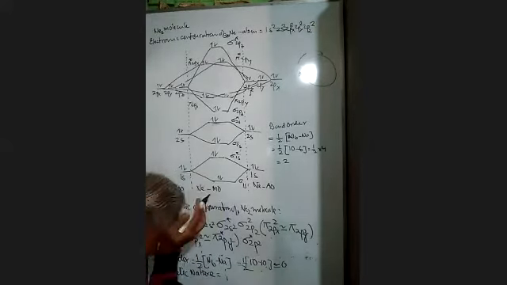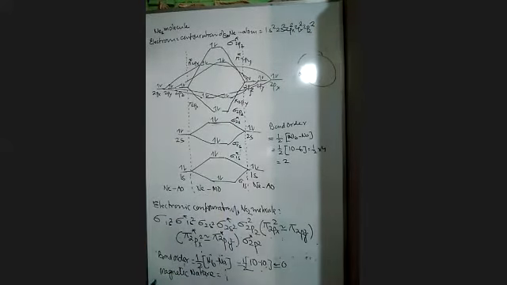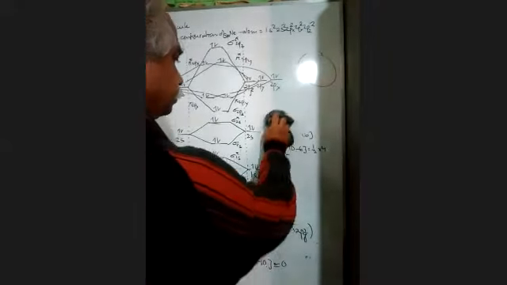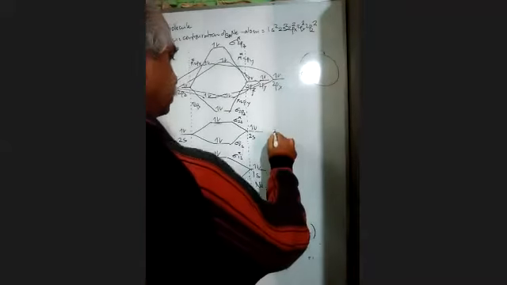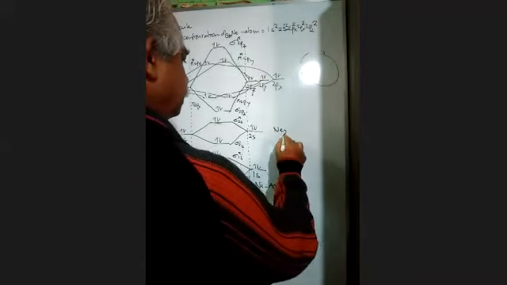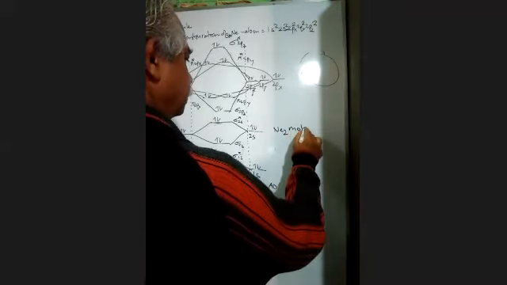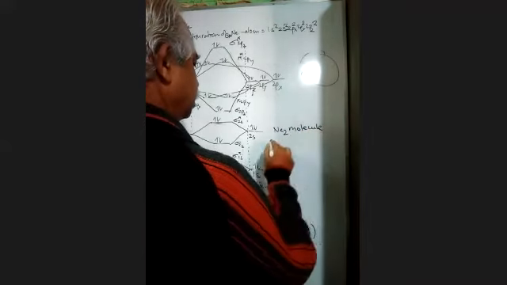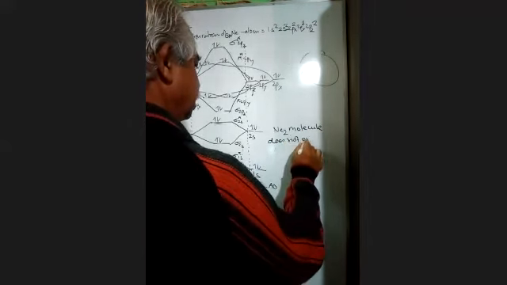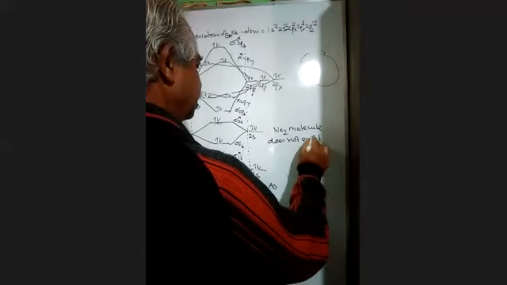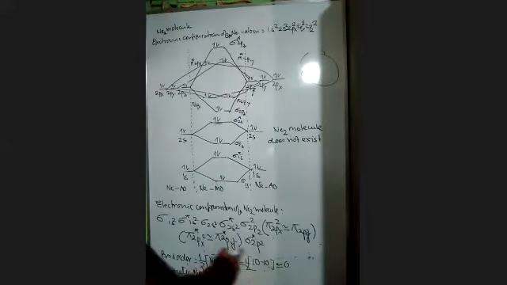It is Na2 molecule does not exist. Na2 molecule does not exist. Why? Because its bond order is 0.